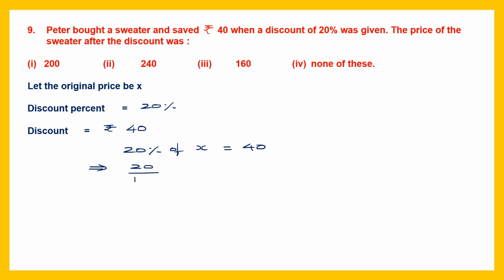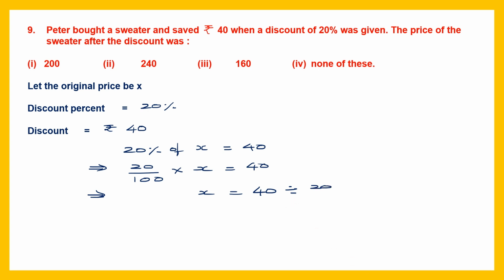So 20% means 20 by 100 into x is equal to 40. Now to find the value of x, we say x is equal to 40 divided by 20 by 100. Now why divided? We are moving this to the other side. It is multiplication, so when it goes to the other side, it turns to division.